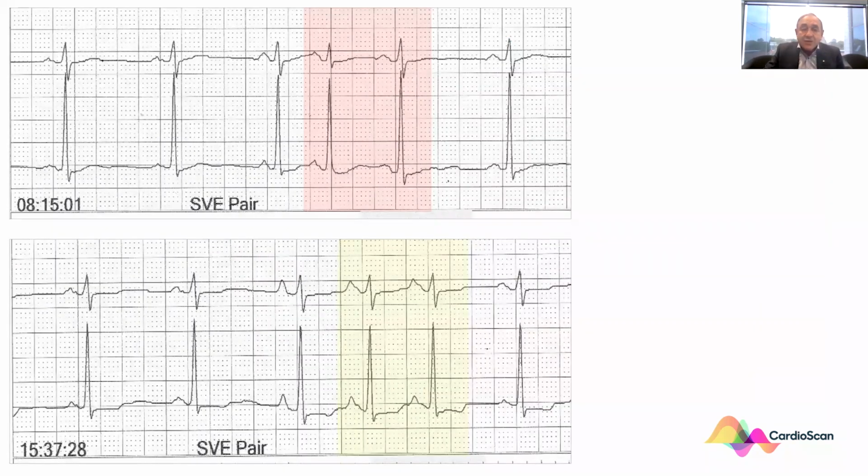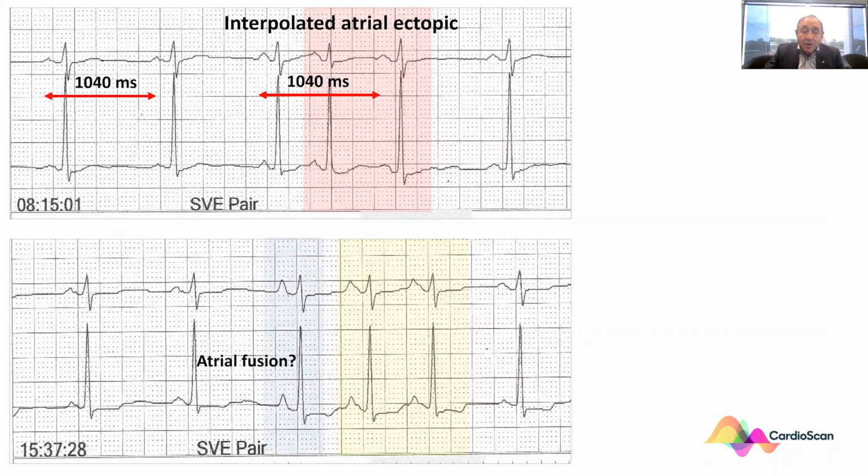Now let's go back to our two tracings and see what we can make of them now. Above the red highlight, we can see that the timing suggests that here we have an interpolated atrial ectopic. Below, one can see the atrial fusion beat, and therefore there are three atrial ectopics, or a triplet.